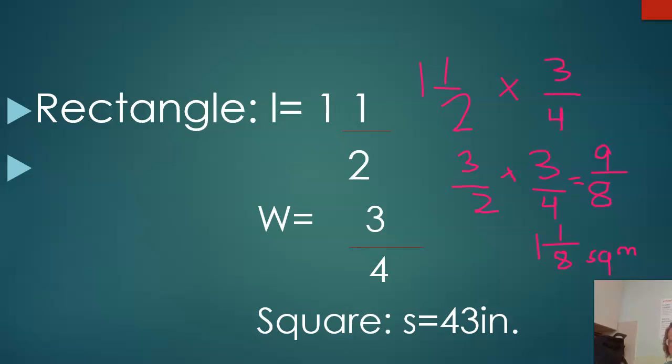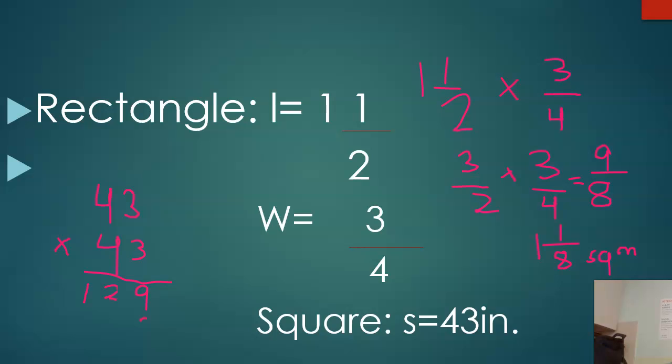Now we're going to have the area of a square. Class, what is the formula for the area of a square? Side times side. So we're going to take 43 times 43. So 3 times 3 is 9. 4 times 3 is 12.